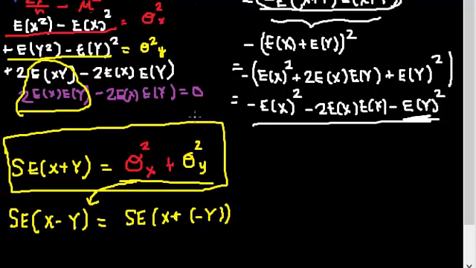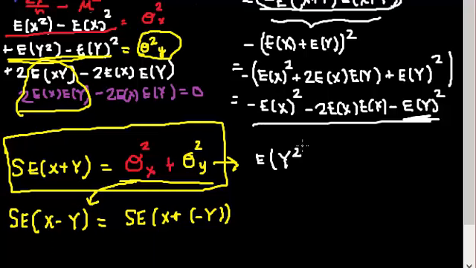Notice that in our derivation, we were able to get this result from this. So this thing is actually equal to, from what we understand, the expected value of y squared minus the expected value of y squared.